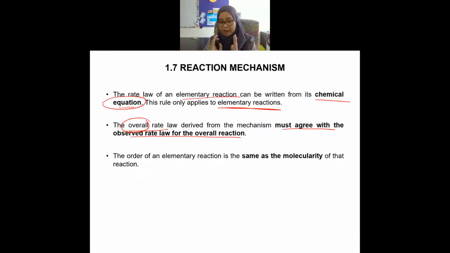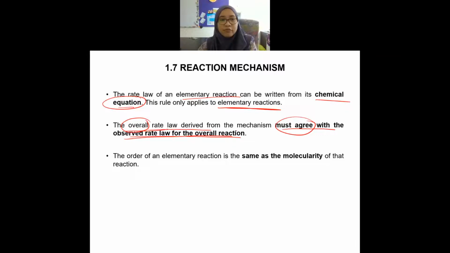But what I want to see is that we must make sure that the overall rate law predicted from the elementary reaction, dia mesti tally, dia mesti agree with the observed rate law for the overall reaction.